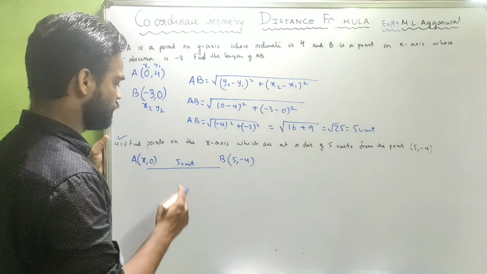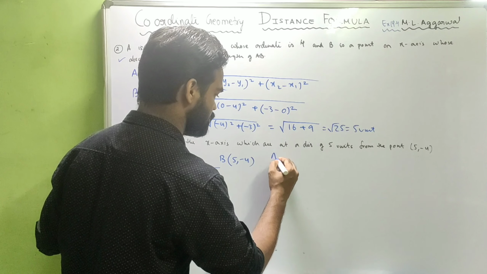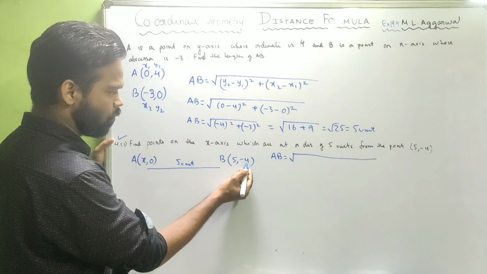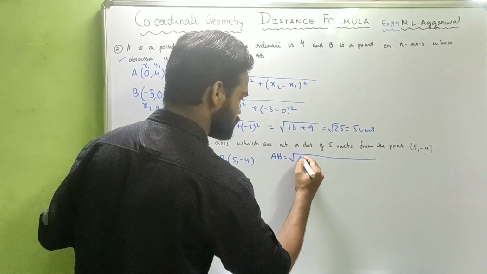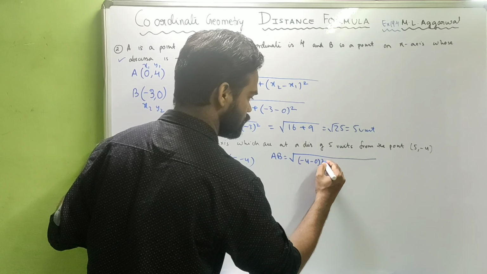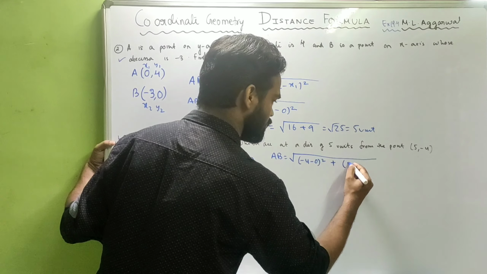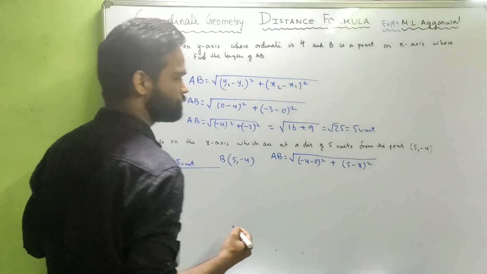Again, we'll use the distance formula. So AB is equal to root over of y2 minus y1, which is -4 minus 0 whole square, plus x2 minus x1, which is 5 minus x whole square.